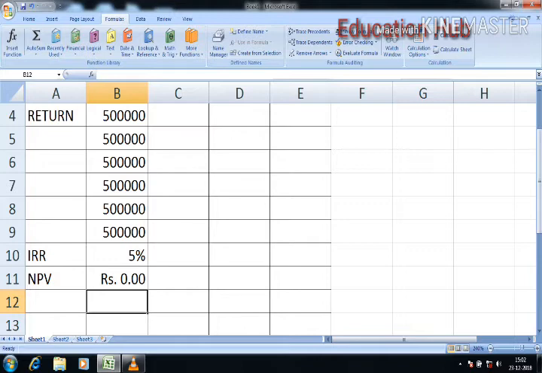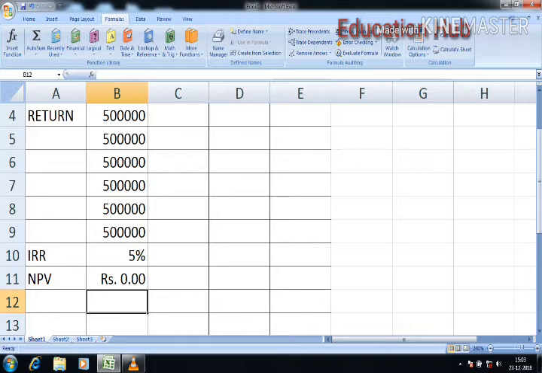So again I am repeating what I have to do: equals NPV, then within the bracket, first the calculated IRR result, comma, all inflows and outflows. Okay, I think it is clear.